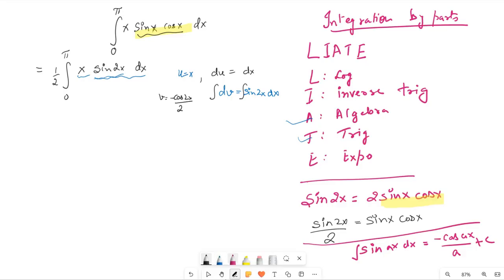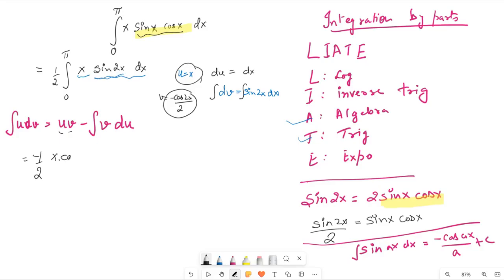Okay, let's write our integration by parts rule. The integral of u dv is equal to uv minus the integral of v du. Our integral, half is out. u is x times v is this, so that becomes negative cosine 2x by 2, minus the integral of v.